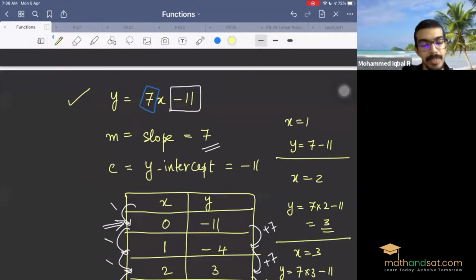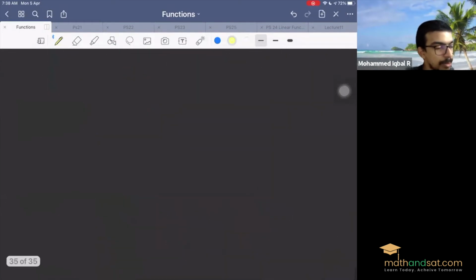In a physical sense, it gives a rate of change of the y value, the output value, with respect to the input value. Let us take some physical scenario. Suppose you are driving at a speed of 7 miles per hour. You're traveling at the speed of 7 miles per hour.